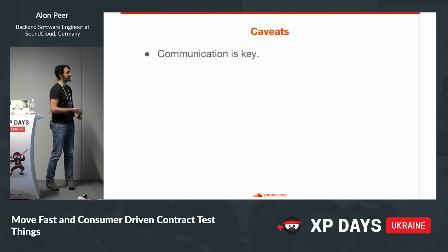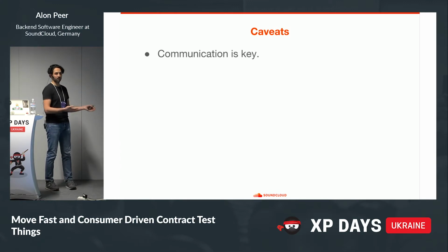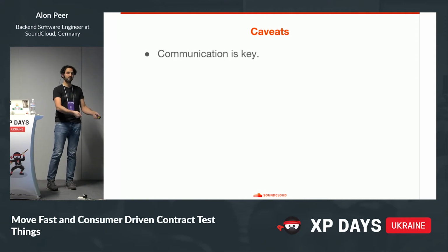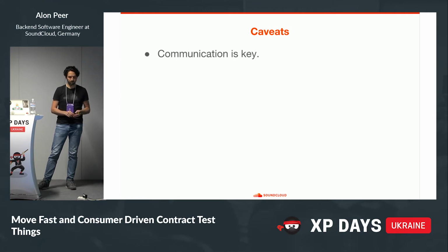What's nice about Pact or contract tests in general is that it allows you to put those agreements into written JSONs. So you have a documentation of those agreements. But it doesn't mean that you can just drop communication at all.